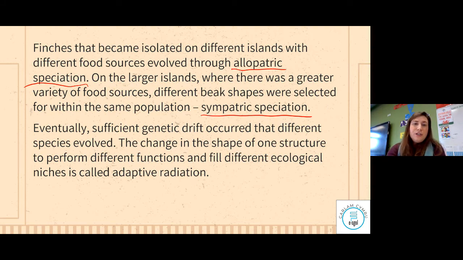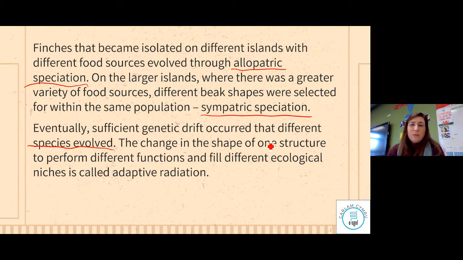Eventually, sufficient genetic drift occurred, okay, the mutations over time, that different species evolved. They were no longer the same species. And a species is when they can interbreed to produce fertile offspring. So they were no longer able to interbreed and produce fertile offspring, so they were considered different species.